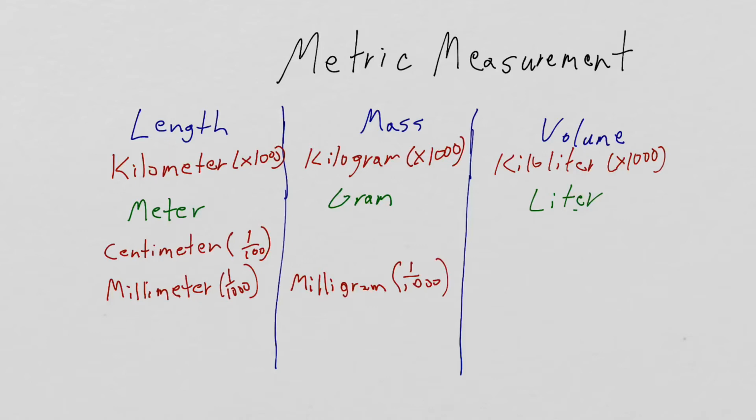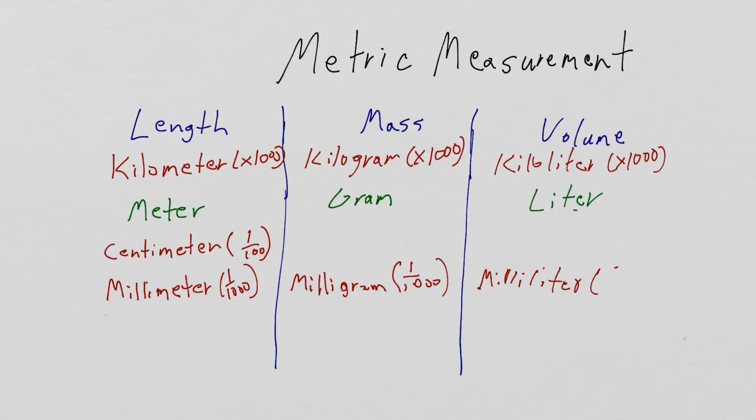And that's the thing. No matter what you see them on, these prefixes mean the exact same thing. So a milligram is 1/1000th of a gram. So how many milligrams go into a gram? Well, 1,000. And then lastly, milliliter.